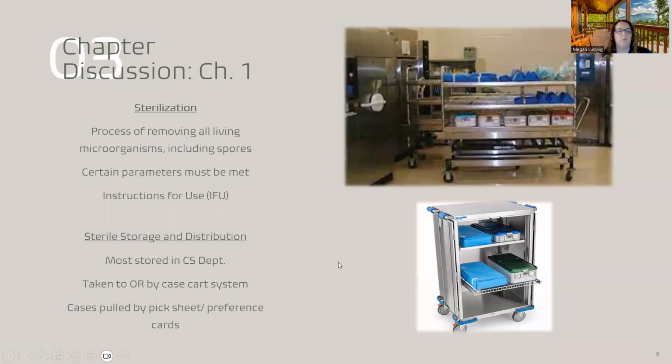So what does sterilization mean? We throw this term around a lot, right? You must know the definition of sterilization. Obviously, it's important, right? So it is the process of removing all living microorganisms, including spores. That's your key, including spores, okay? Because spores are things that certain bacteria, not all, make in order to basically keep themselves alive.